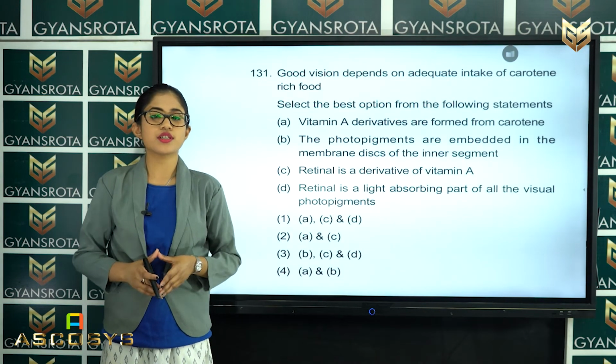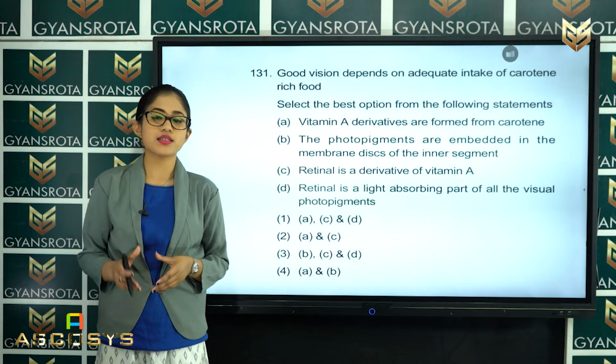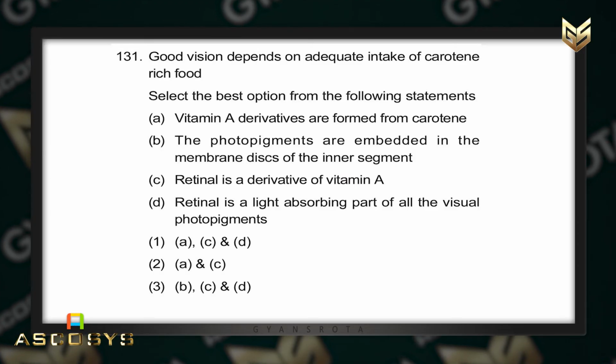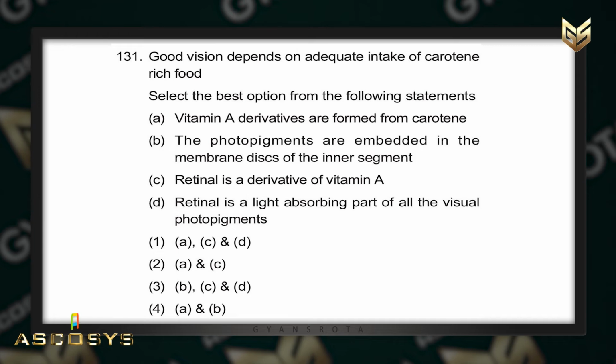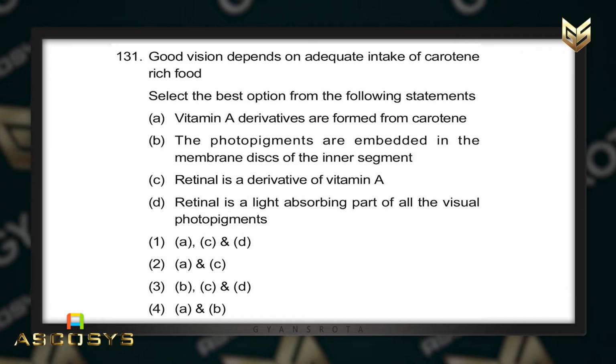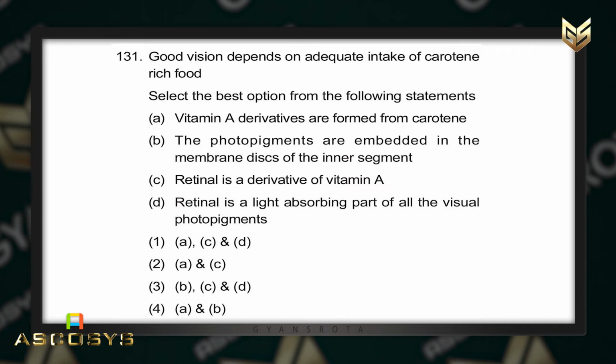In the next question, that is question number 131, good vision depends on adequate intake of keratin rich food. Select the best option from the following statements. First option is vitamin A derivatives are formed from carotene.